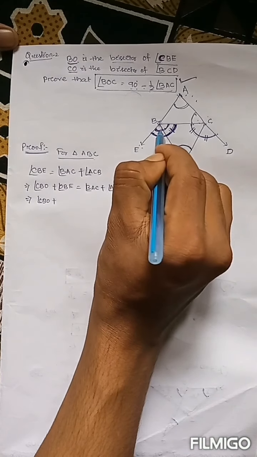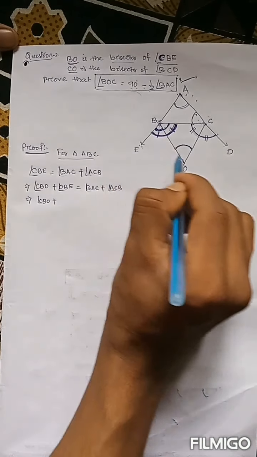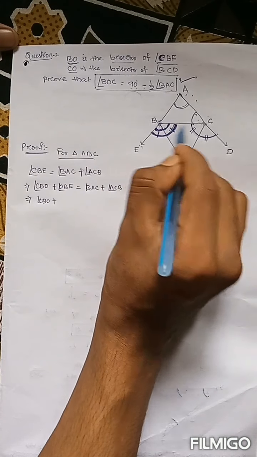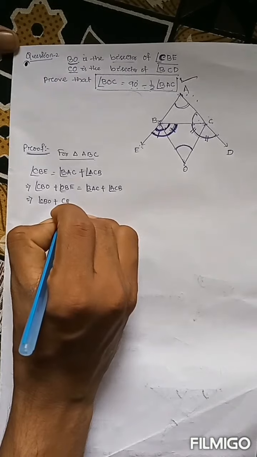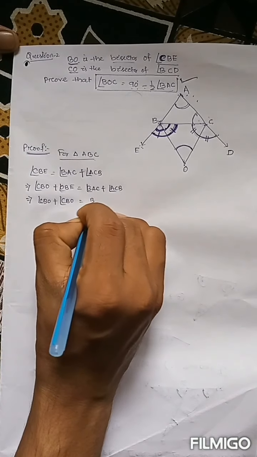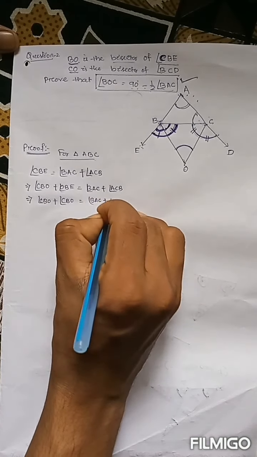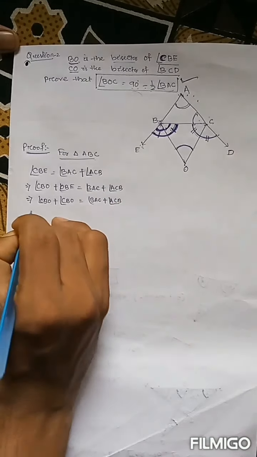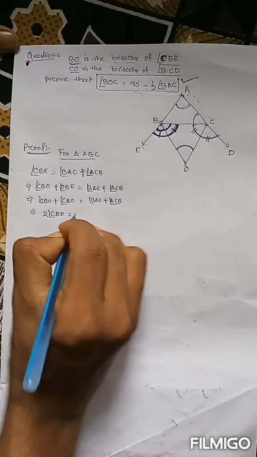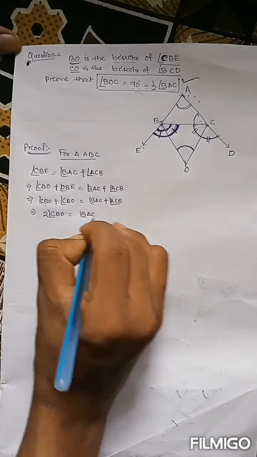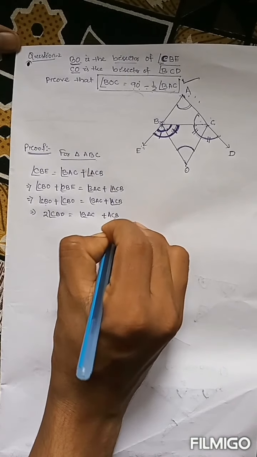So in the place of OBE, we can write this angle CBO. Okay, so in this place you can write again CBO is equal to BSC plus SCB. Now CBO plus CBO is 2 times CBO is equal to BSC plus SCB.